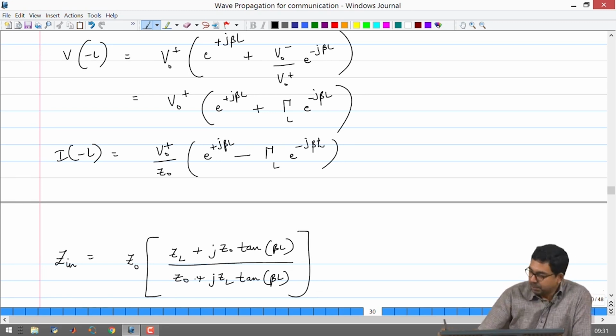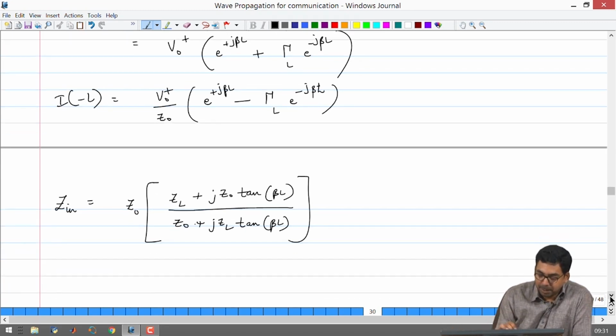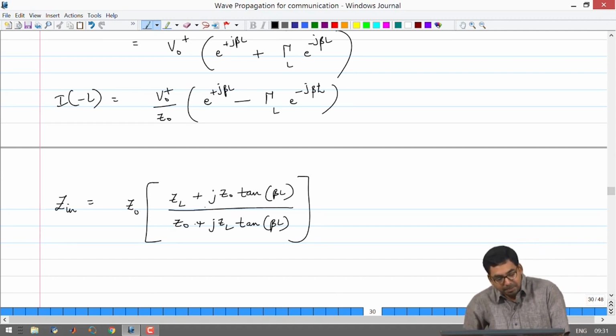So, the rearrangement looks like Z naught multiplied by ZL plus j Z naught tan beta L, divided by Z naught plus j ZL tan beta L.